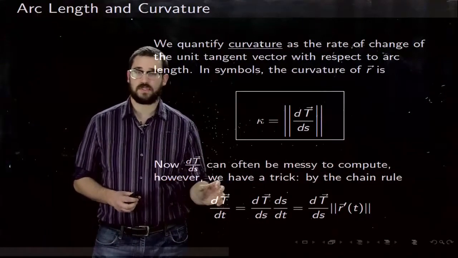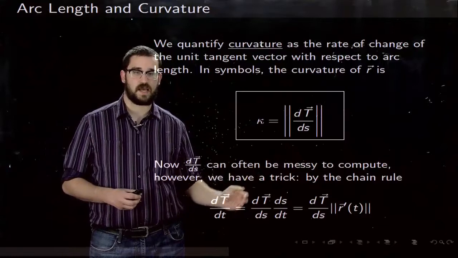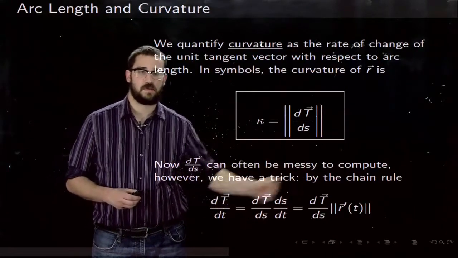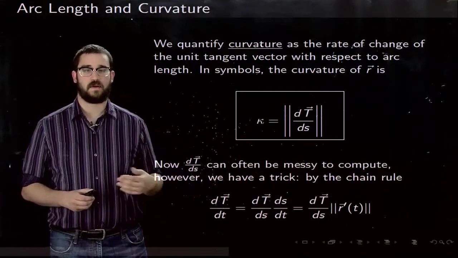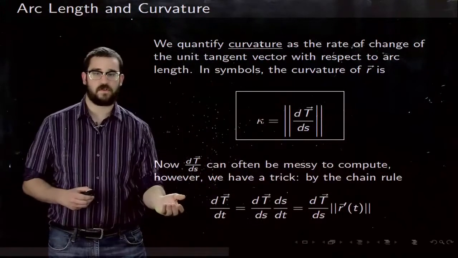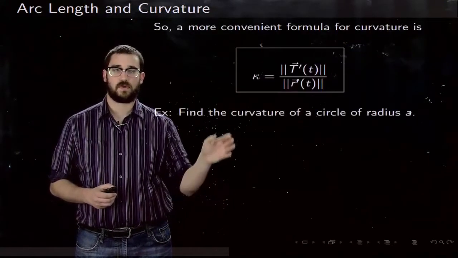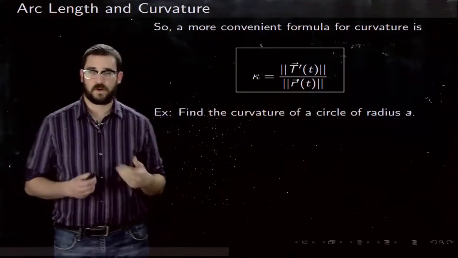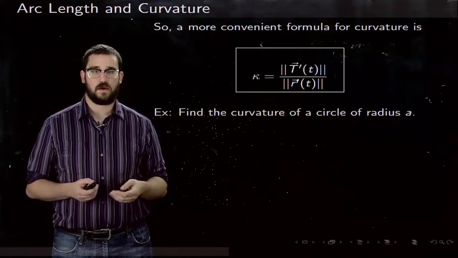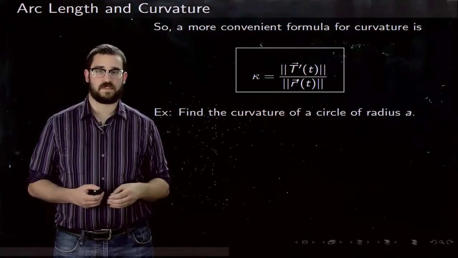By the chain rule, dT/dt is equal to dT/ds times ds/dt, and ds/dt is just the magnitude of r prime of t. Since dT/dt is T prime, you get kappa, or the curvature, is equal to the magnitude of T prime of t over the magnitude of r prime of t.